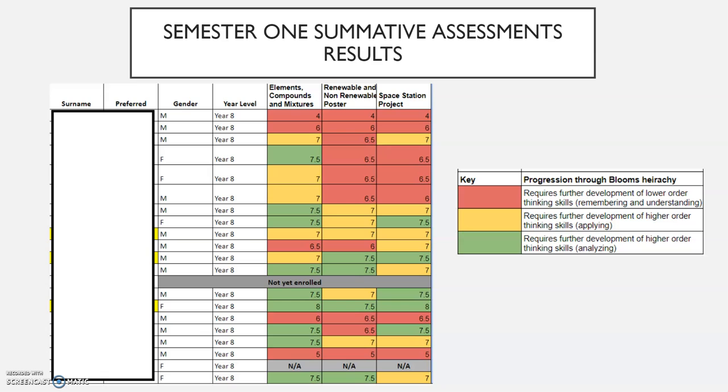Outcomes were categorized into demonstration of lower to higher order thinking skills with evidence of the basic remembering and understanding highlighted in red, evidence of application in yellow, and evidence of analysis in green. The numbers which raise from levels 4 to 8 correspond with the respective level of student achievement. In this cohort, students should be aiming to achieve a level score of 8 by the end of the school year.